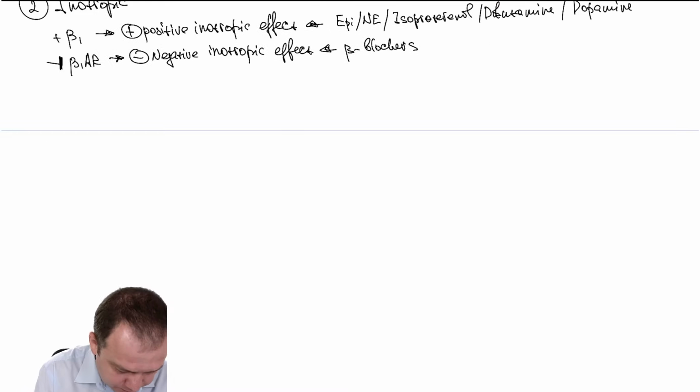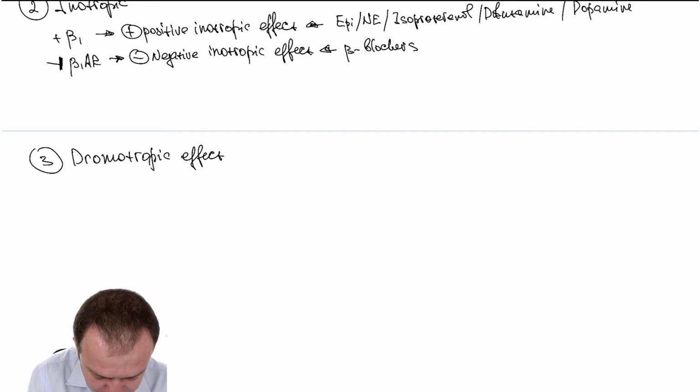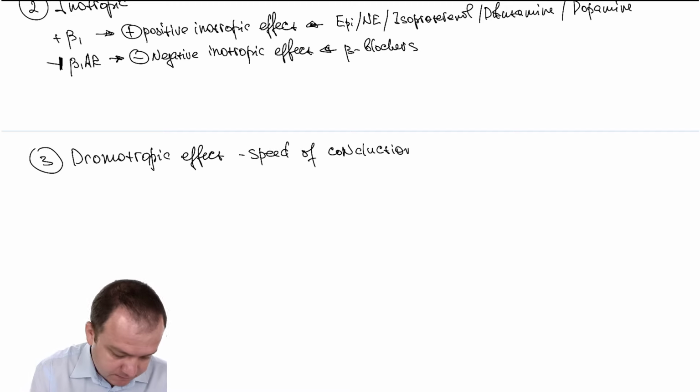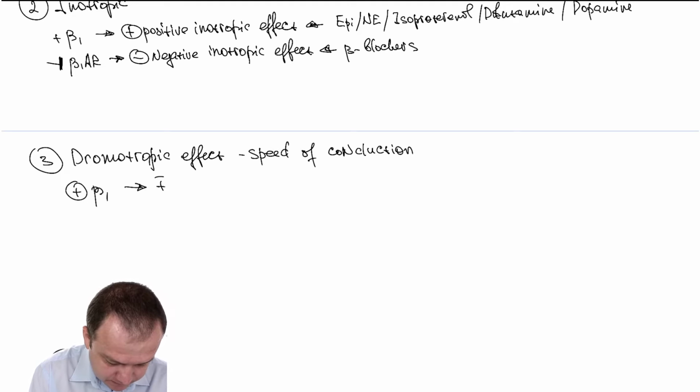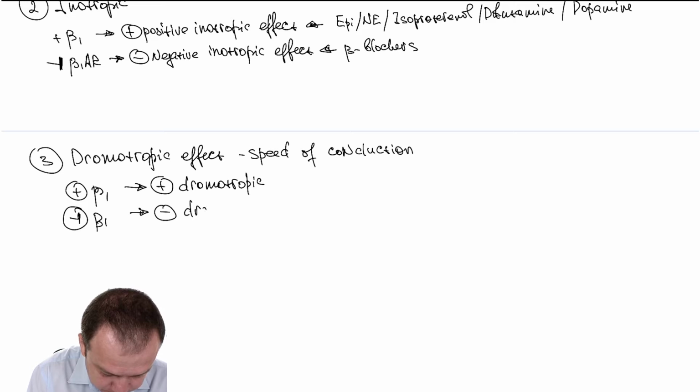Third effect we should discuss is the dromotropic effect. This is the speed of conduction. Stimulation of beta 1 adrenergic receptors has positive dromotropic effect, and blockade of beta 1 adrenergic receptors causes negative dromotropic effect.